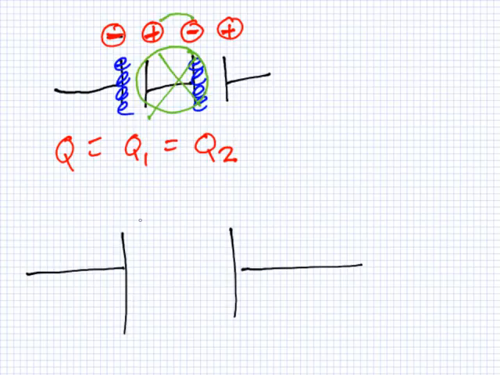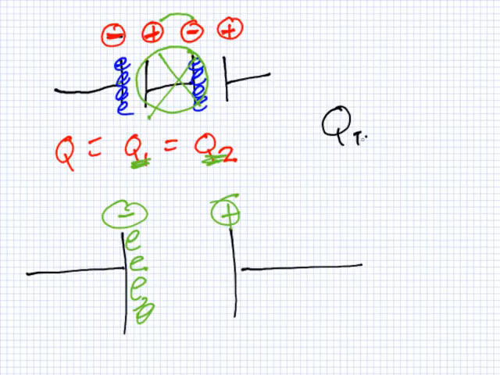So you're just left with this negative and this positive, which is the same as Q1, which is the same as Q2. So in other words, in series, Q total is the same as Q1, which is the same as Q2.